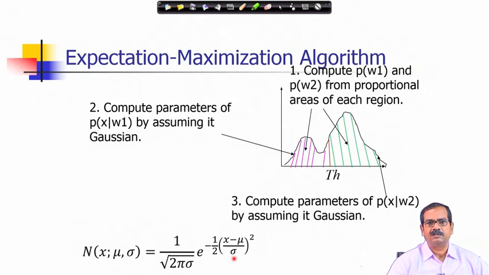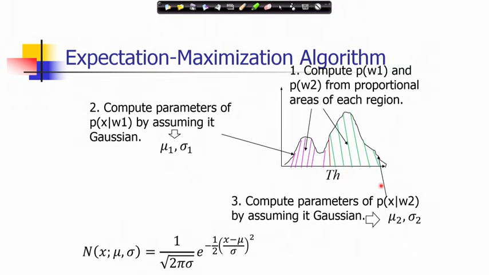To compute this likelihood probability, you simply need to compute these parameters, and then you can compute the probability of any value x given those parameters. Let us call the parameters for class W1 mu1 and sigma1, and the corresponding parameters of W2 mu2 and sigma2.